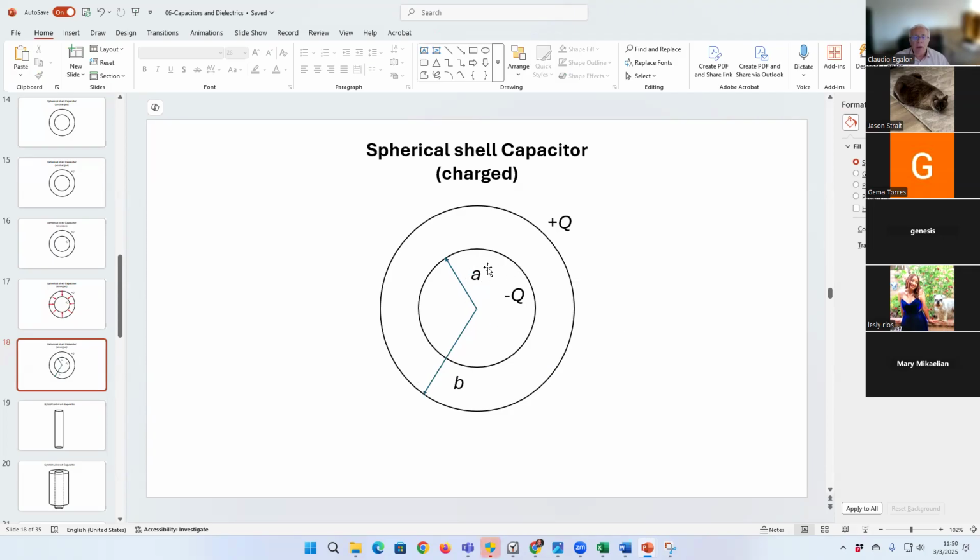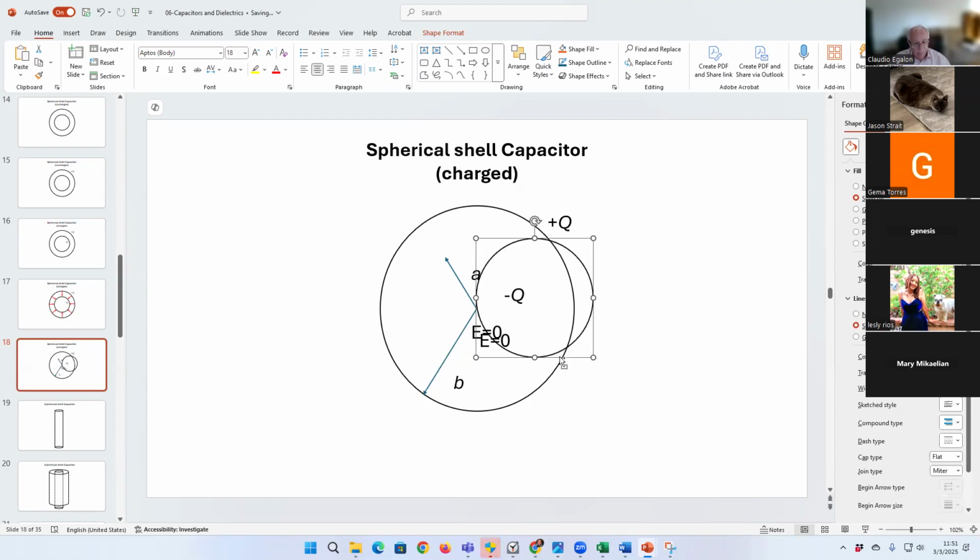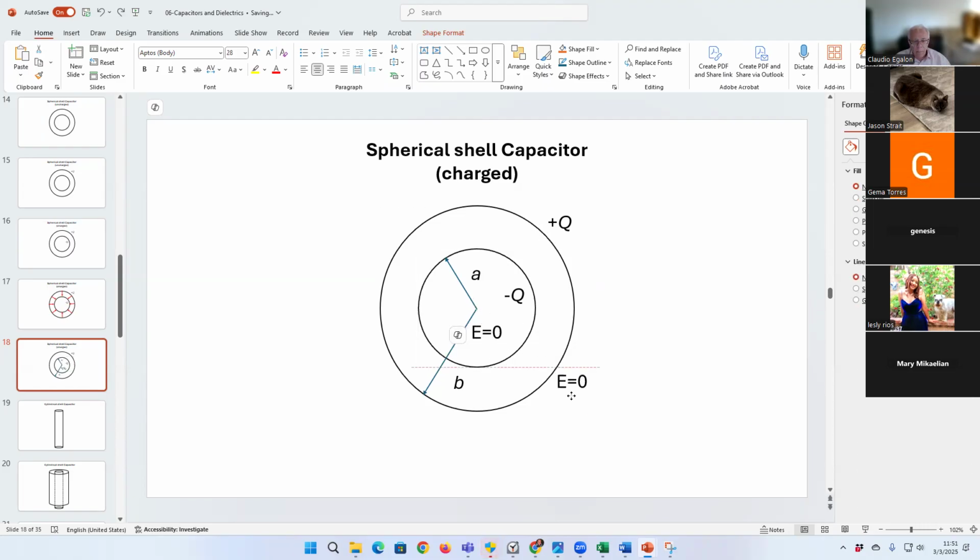The electric field here inside is zero. The electric field here outside is zero. That comes from Gauss's law, right? If you put the Gaussian surface right here, there's no charge inside. So E right in here is going to be zero, and outside is going to be zero as well.